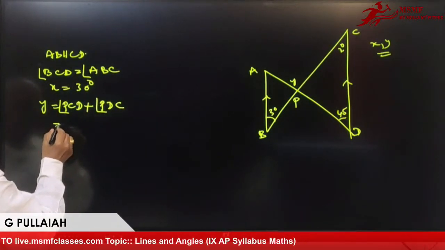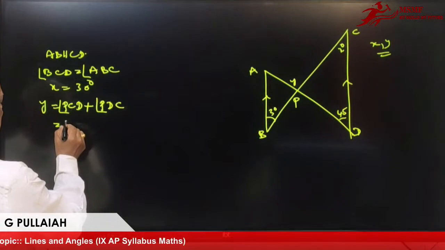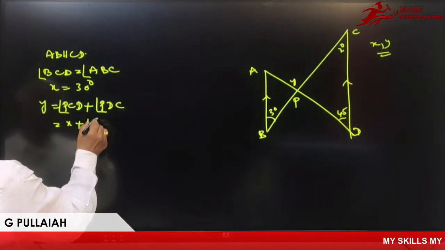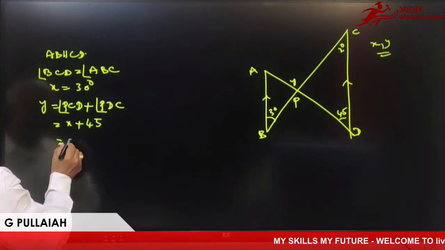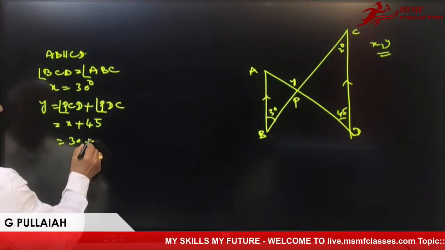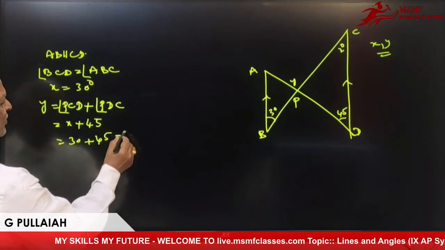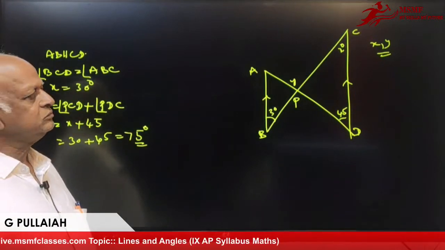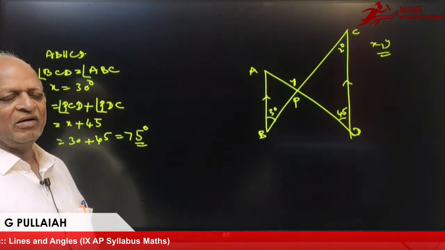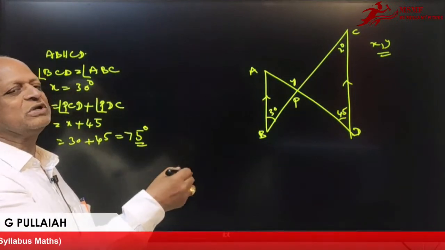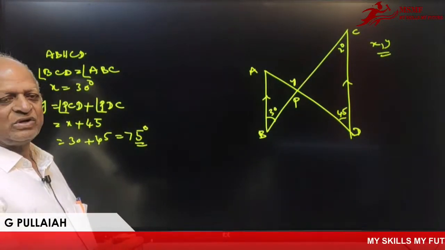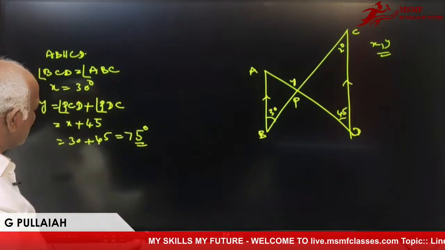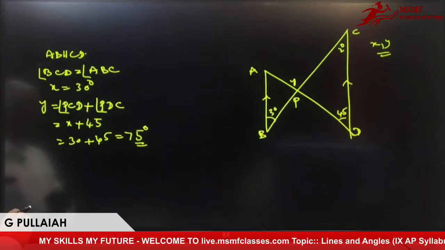It is given that angle PCD is x and angle PDC is 45, and we got x is equal to 30. So y is 30 plus 45. Think very carefully, all these revolve around these three concepts only. If you understand these concepts very carefully, we'll be doing many more problems further. Shall we proceed? Okay.